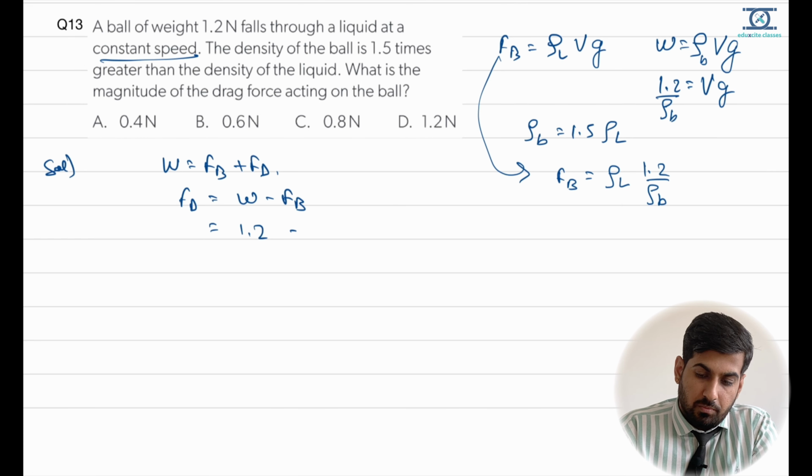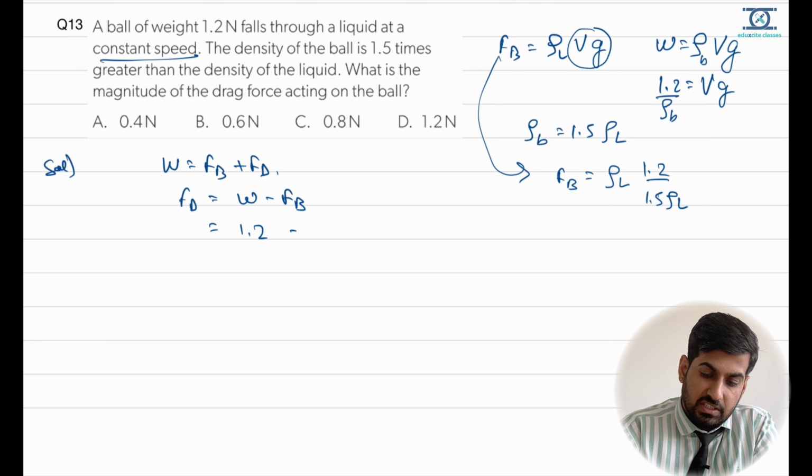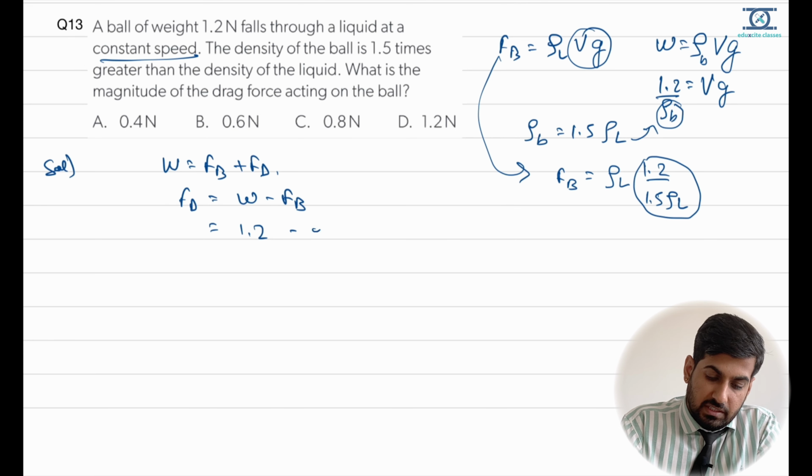So Vg has been replaced by this term, and the density of the ball is replaced by 1.5 times the density of liquid. So I can write density of liquid times 1.2 over 1.5 density of liquid.